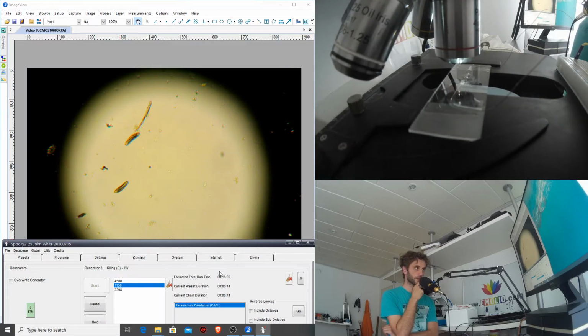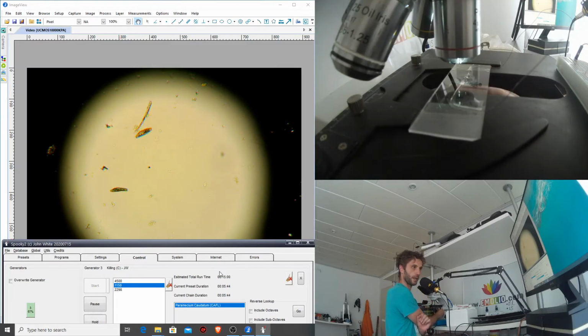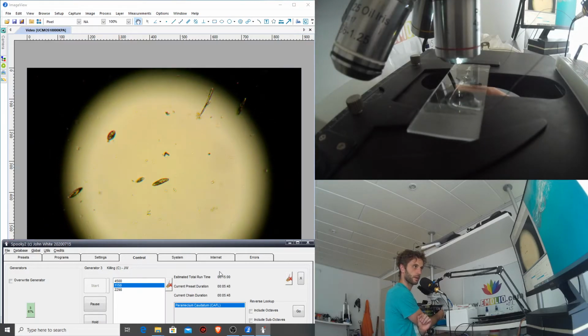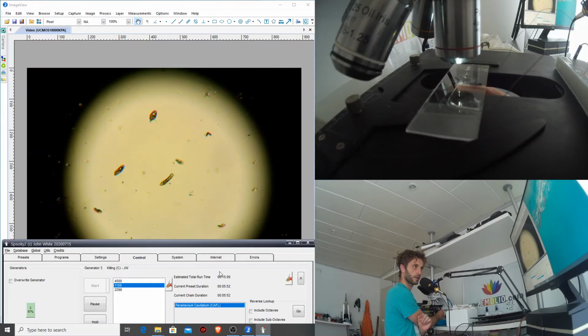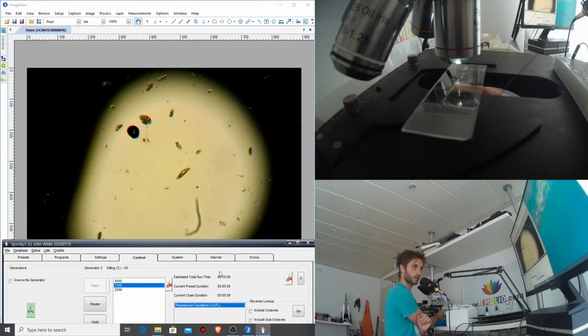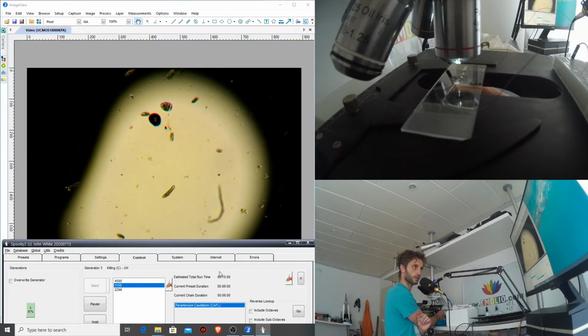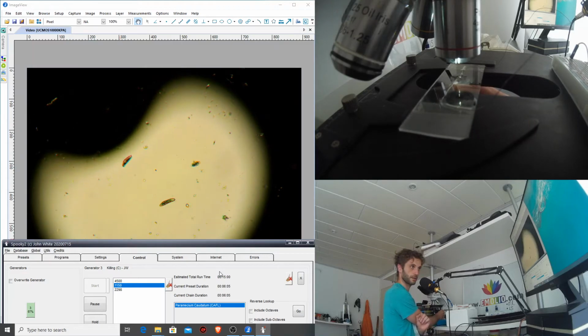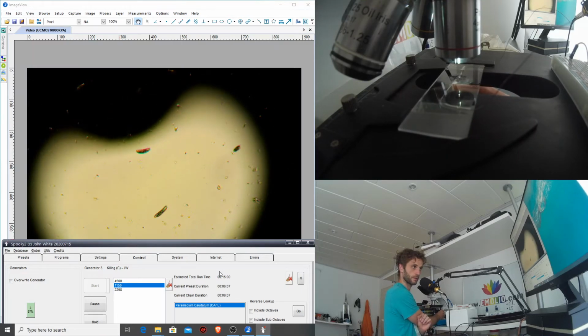Alright, we are on the second frequency, and the other ones, they are still moving. Alright, he's going for a swim now, very fast.